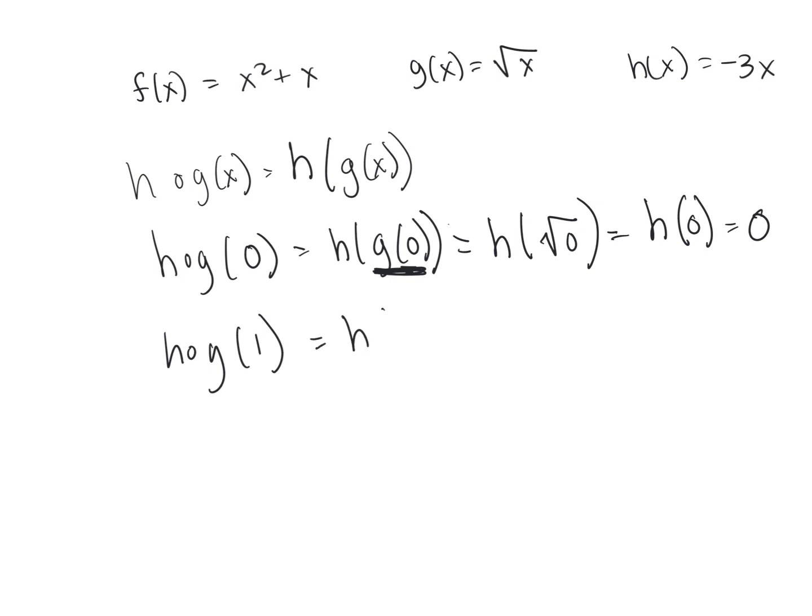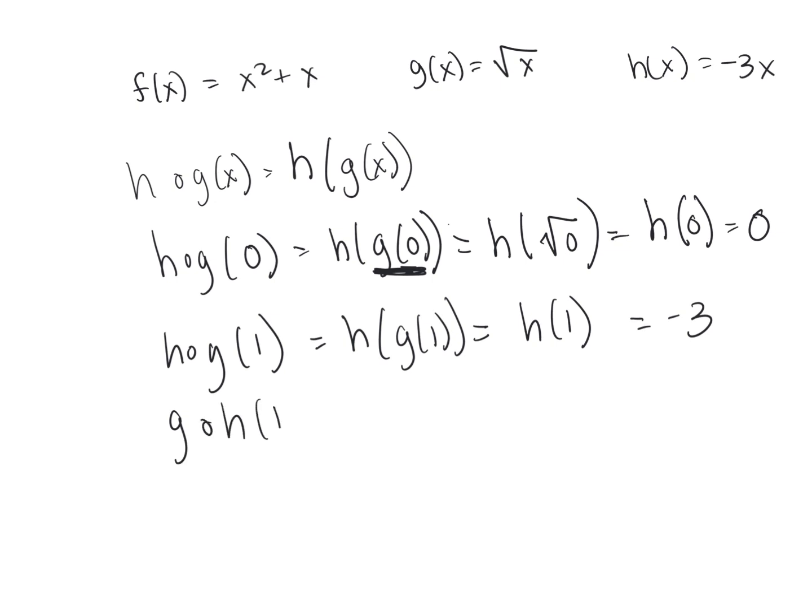Let's try h of g of 1. What's g of 1? G of 1 is 1, so this is h of 1. H of 1 is negative 3. Let's try g of h of 1. H of 1, I put 1 up here.